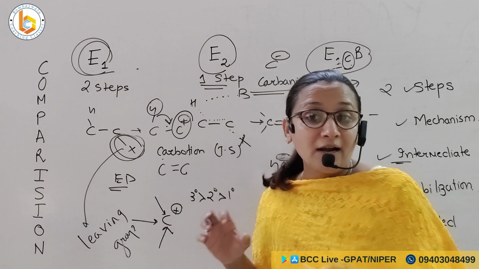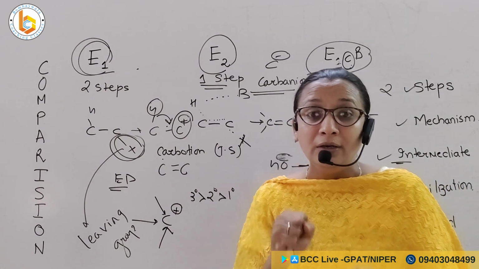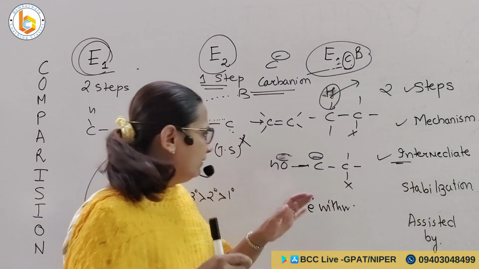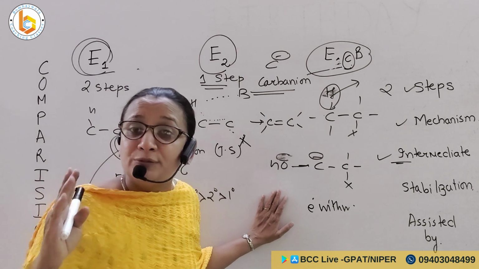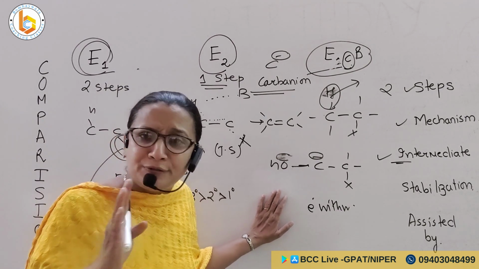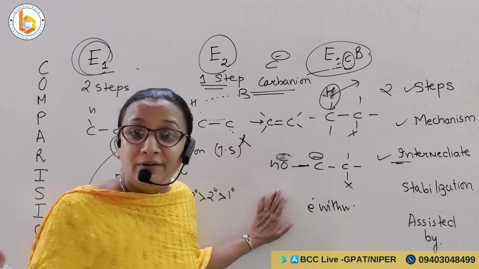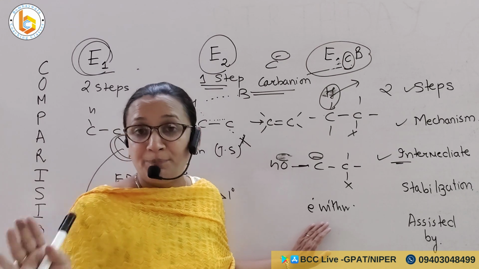This reaction starts with, or is assisted by, a good leaving group. Whereas here, it doesn't matter whether the leaving group is good or not. So a reaction wherein the leaving group is not so good will favor the E1CB mechanism. This is the comparison.